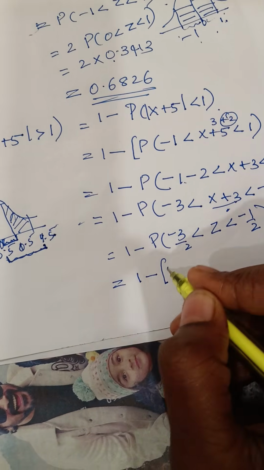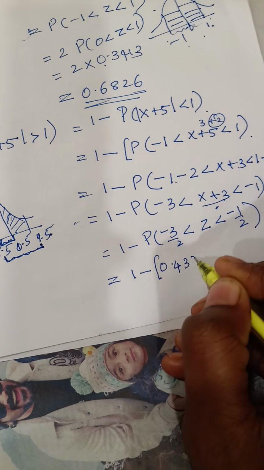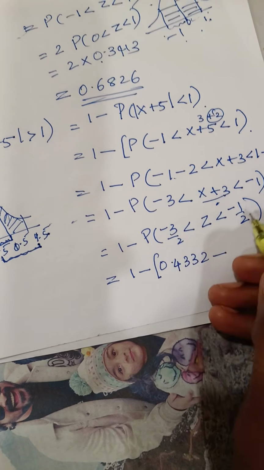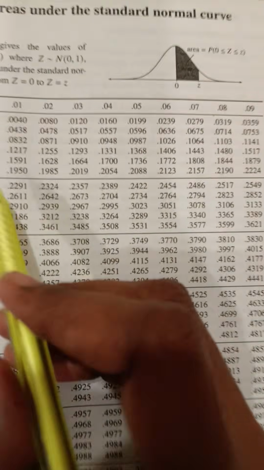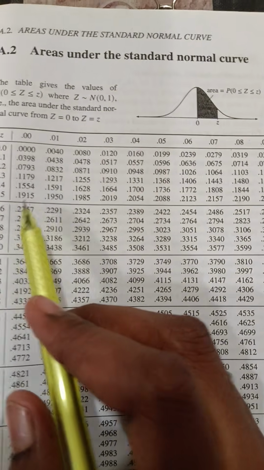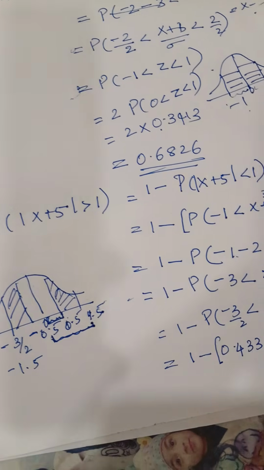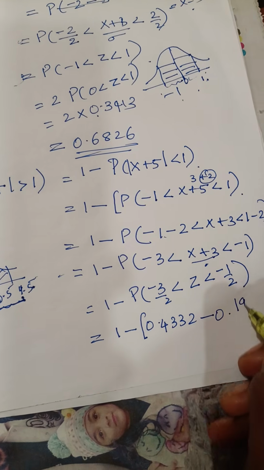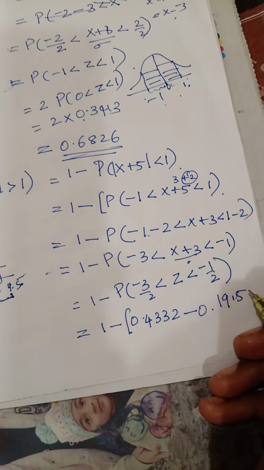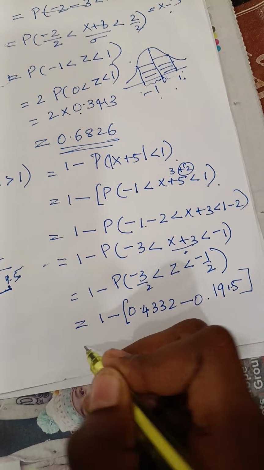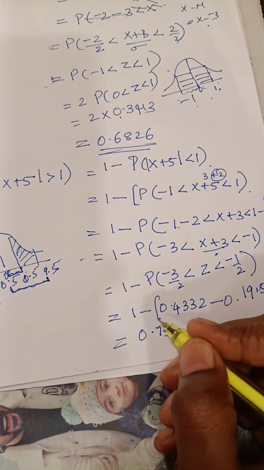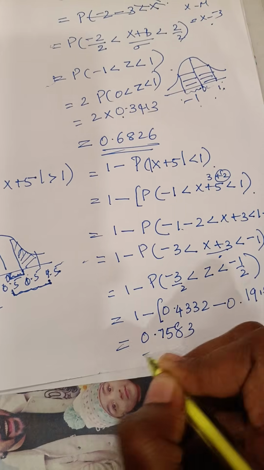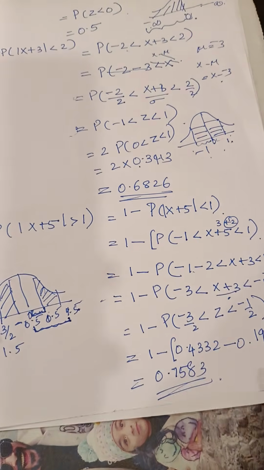So we can substitute that, 0.4332 minus, now we have to find the probability from 0 to 0.5. 0 to 0.5 is 0.1915. So after simplification we will get the answer as 0.7583. Okay, this is the answer.